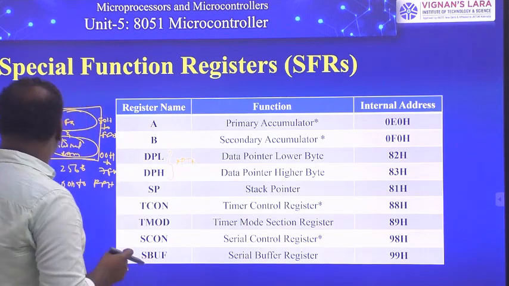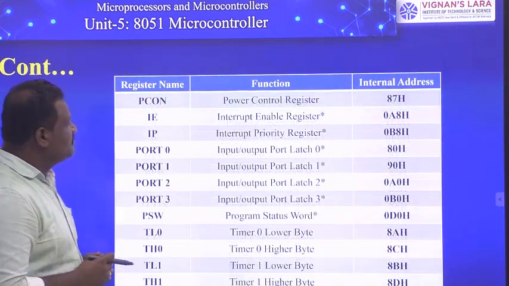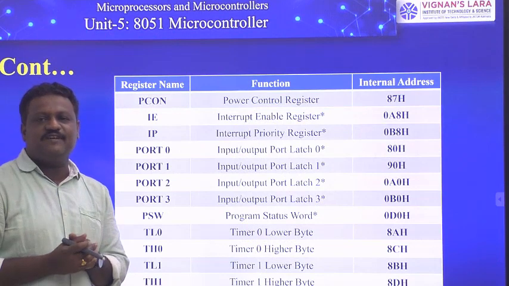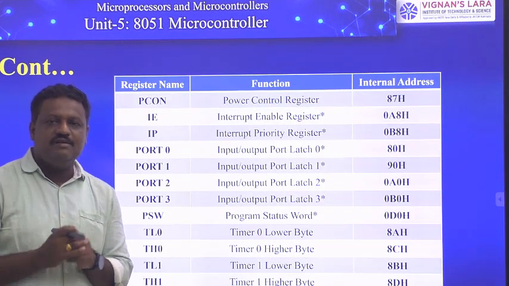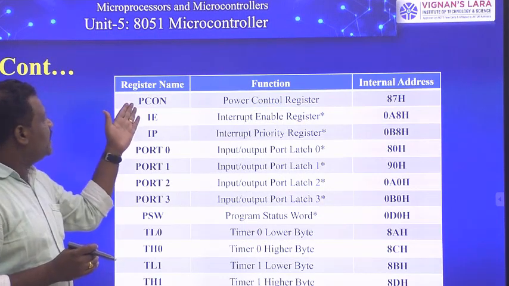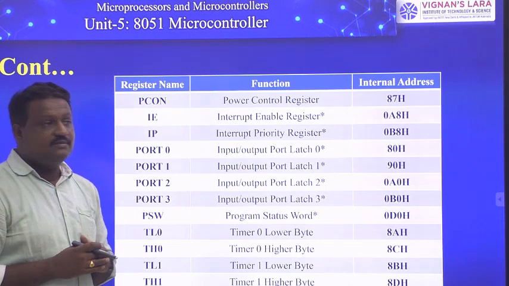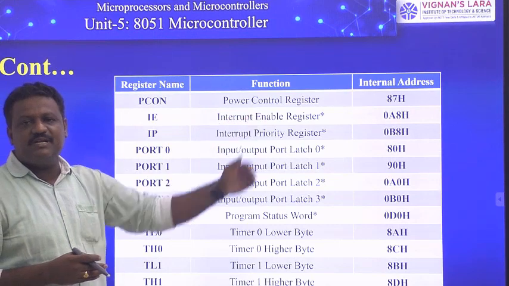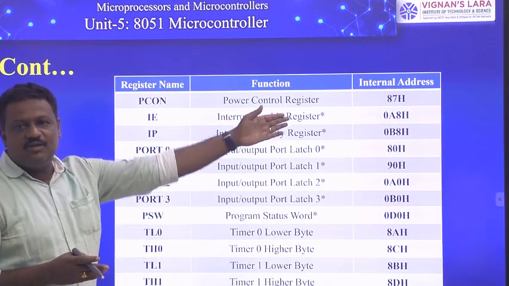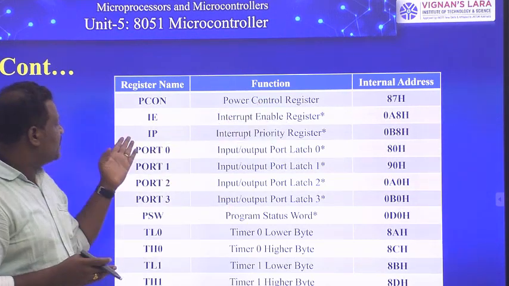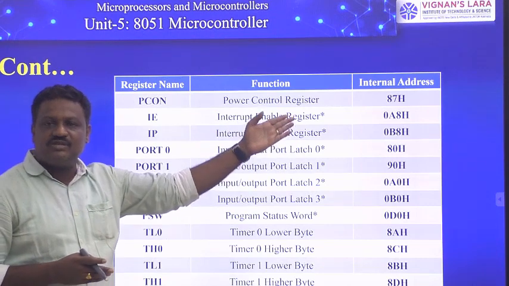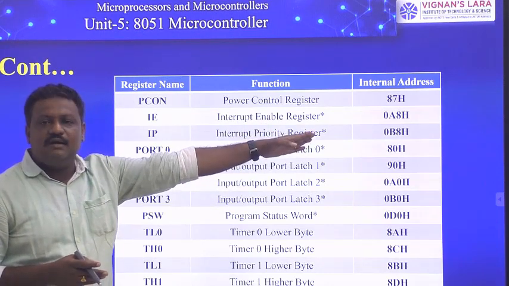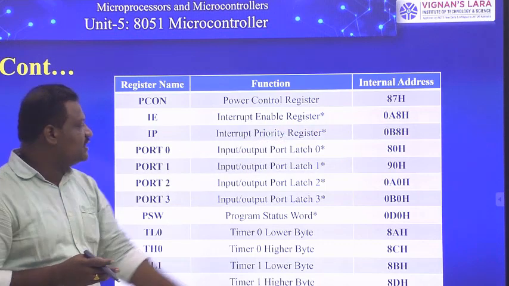These are some of the special function registers, and these are also special function registers which we find in 8051. PCON means power control register, whose address is 87H, and IE is the interrupt enable register, again bit addressable, whose address is 0A8H. IP means interrupt priority register, again bit addressable, 0B8H is the internal address.